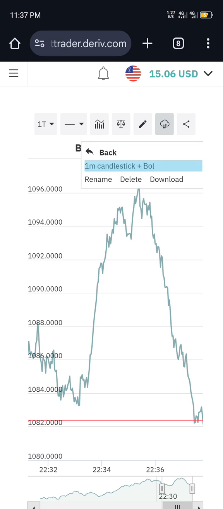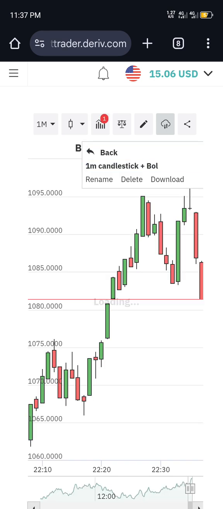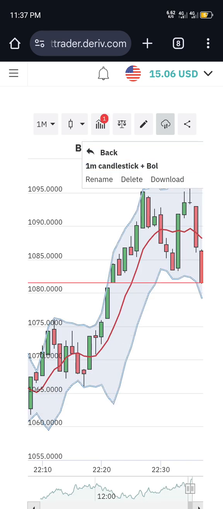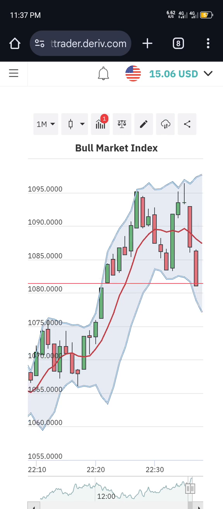Now I need to check for something using my saved setting. I still need a confirmation, but if we were here at the time the second sell candle was selling, we would have made a good trade there.